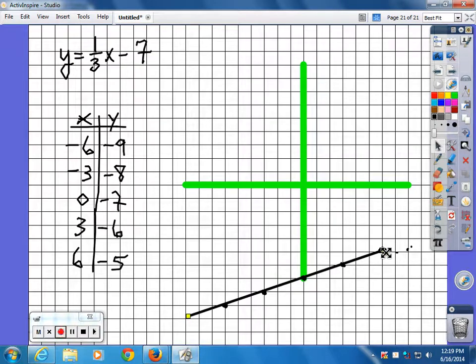If I was to do this, what is my domain and range? -3 to 6. -6 to what? -6 to 6, basically, right there.